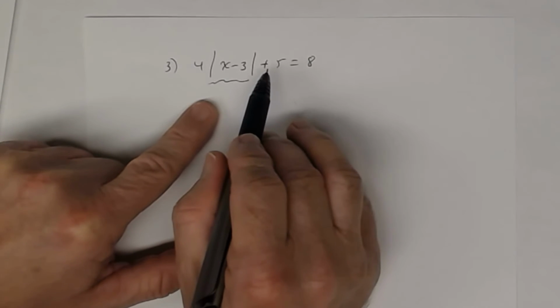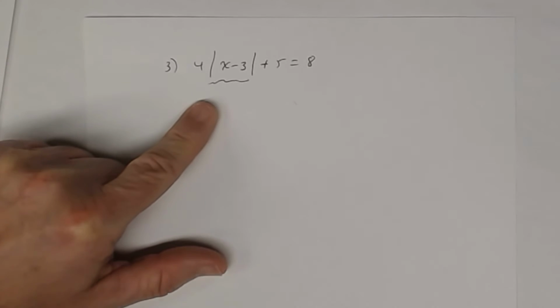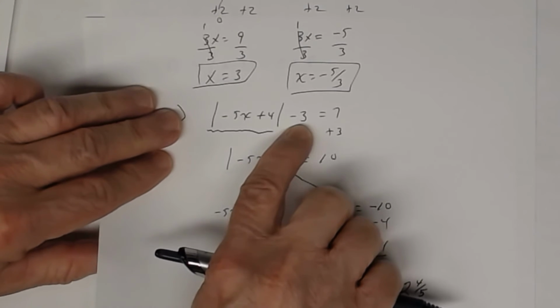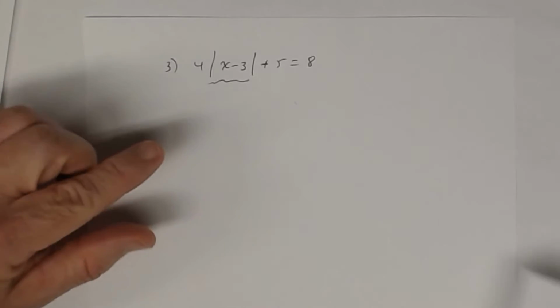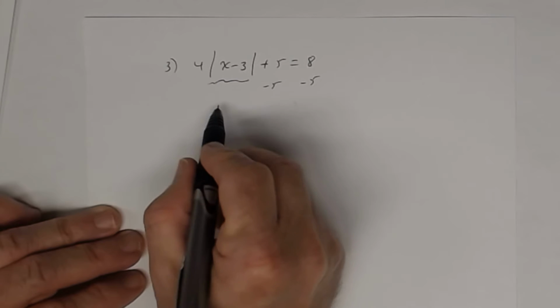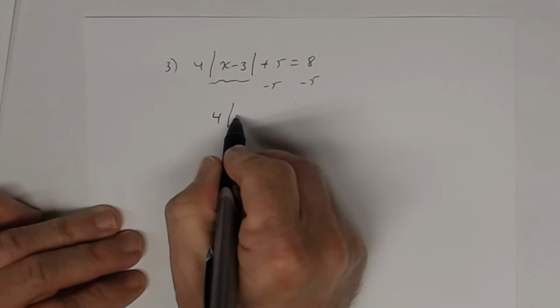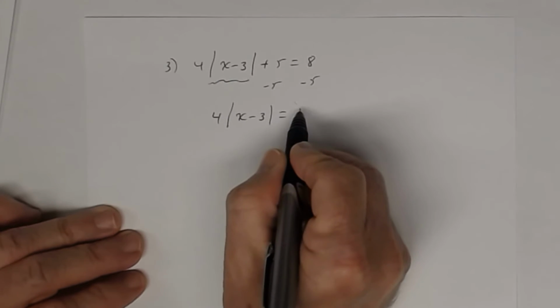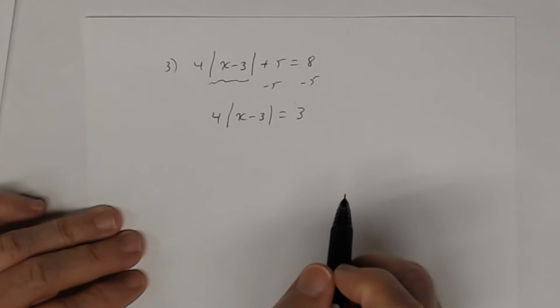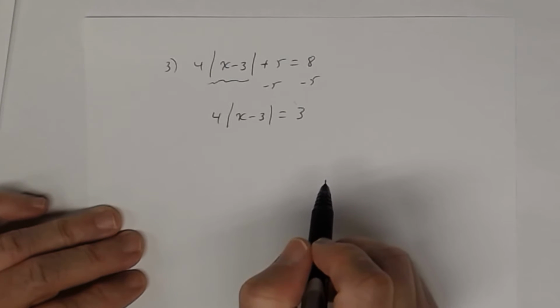So let's just deal with that 5 first. Just like we did in number 2, where I had that subtract 3, so I added 3 to both sides. So here, I'm going to go ahead and subtract 5 from both sides. So I have 4 times the absolute value of x minus 3 is equal to 3, right? 8 subtract 5 is 3.